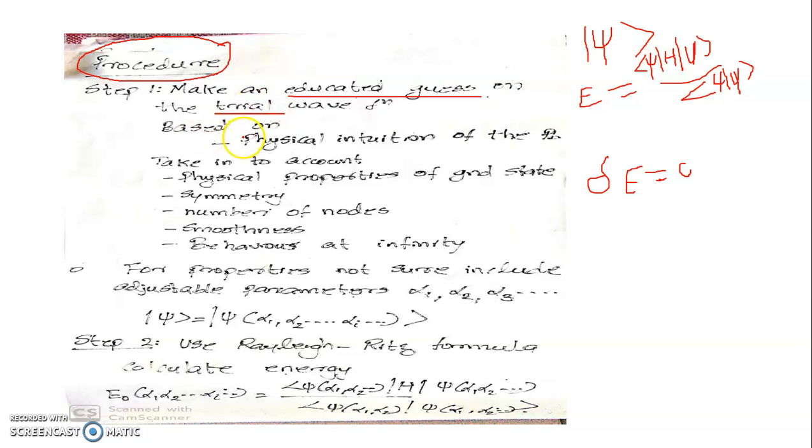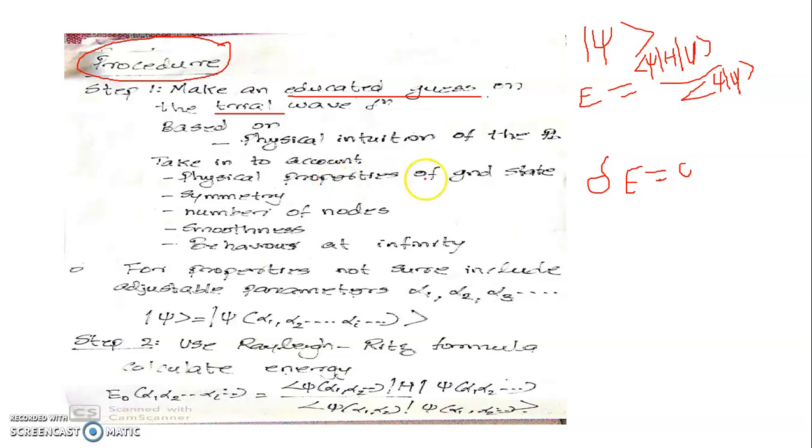This guess is based on the physical intuition about the problem or the system under our quantum mechanical study. It takes into account several fundamental qualities to be possessed by a well-behaved wave function.